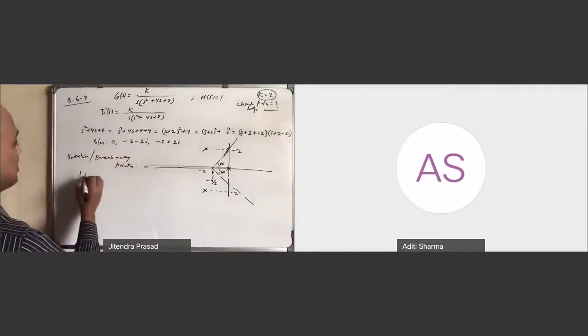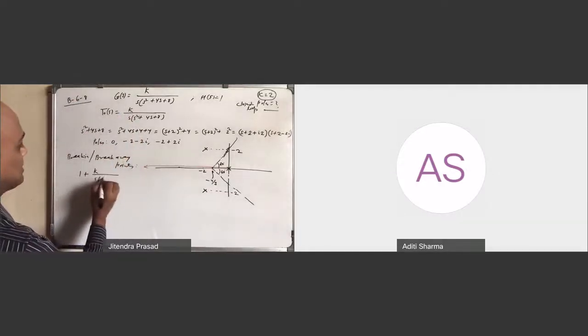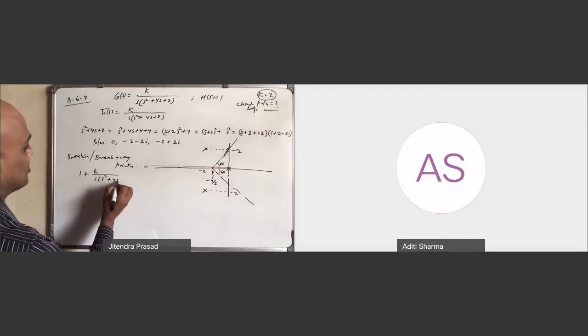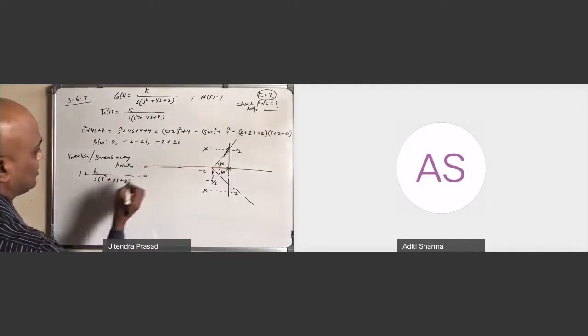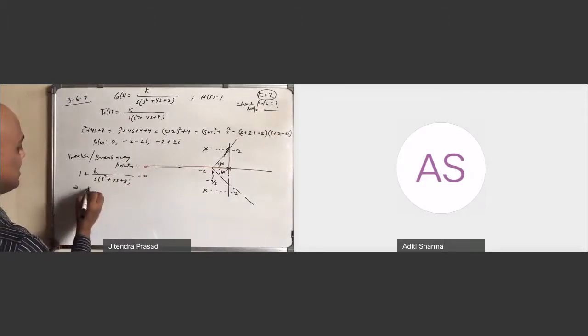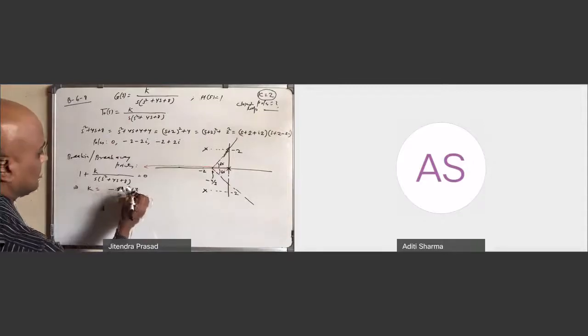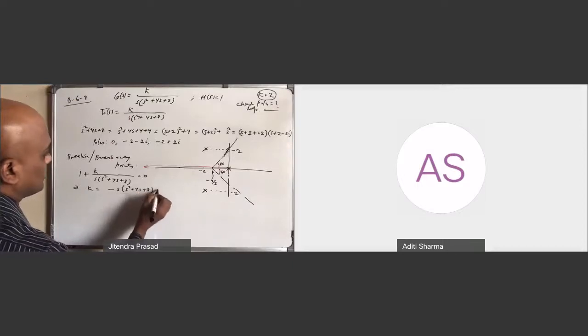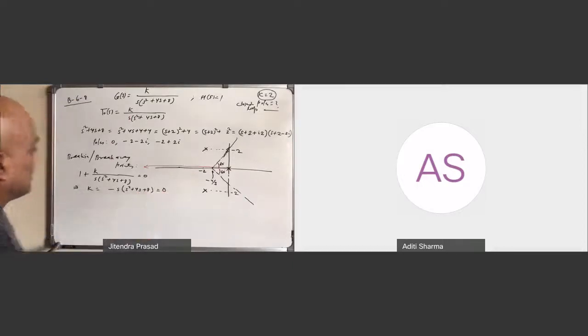So we have 1 plus k over s(s square plus 4s plus 8) equal to 0, and hence we get k equal to minus s(s square plus 4s plus 8).